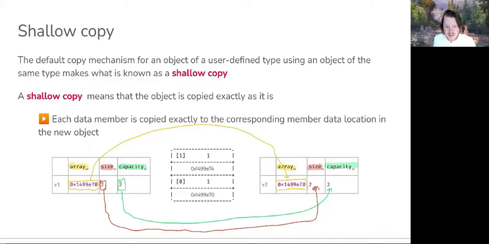The consequence of this is that both v1 and v2 are going to be pointing to the same free store object. In other words, this dynamically allocated object is going to be shared between v1 and v2. And when you think about this, this probably wasn't what we would have liked to happen. We'll get into very shortly how a deep copy can resolve this shared dynamic memory.